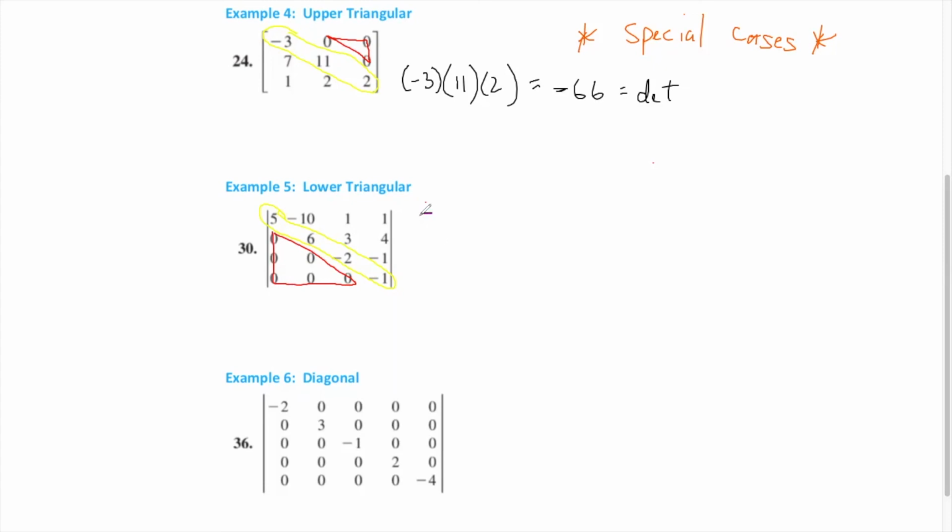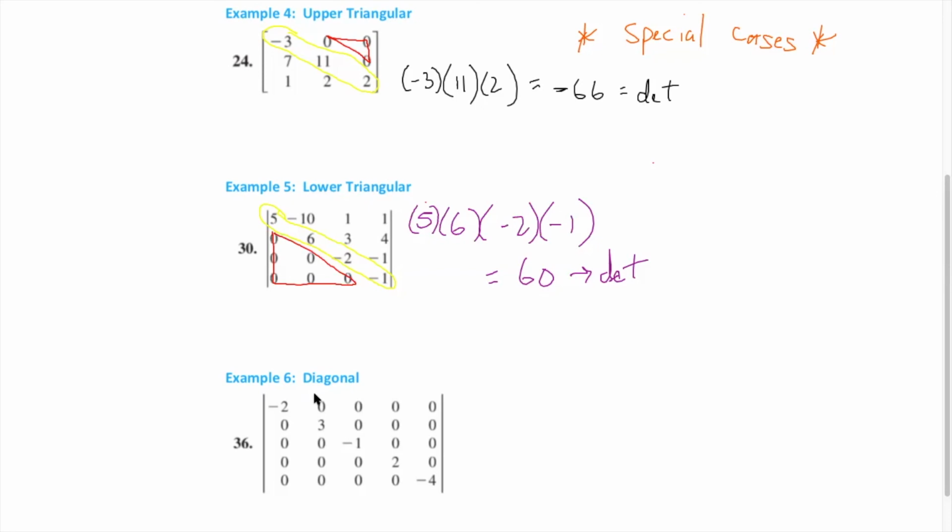So in this case, you'd have 5 times 6 times -2 times -1, 30 times 2, you get +60. So that's the determinant of this matrix. I really don't believe anybody could even enter the things that fast into a graphing calculator. So if you happen to see this, save yourself some time.